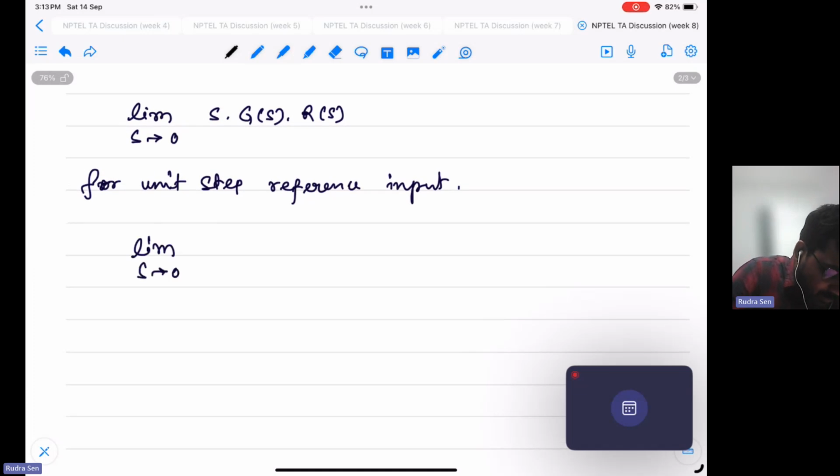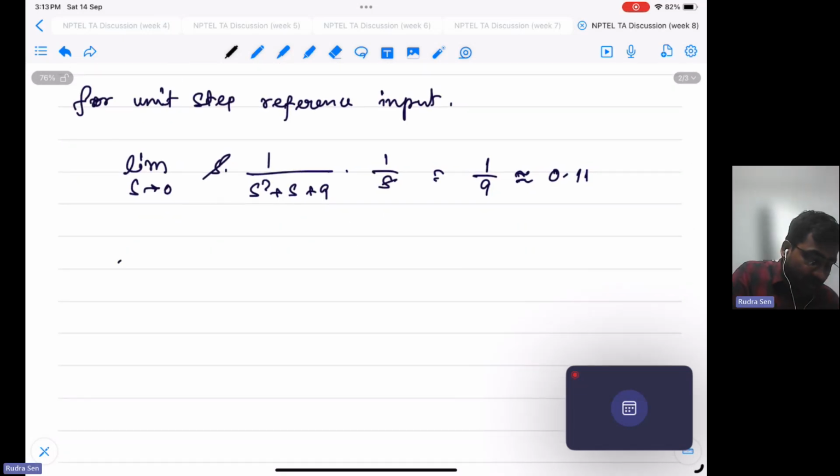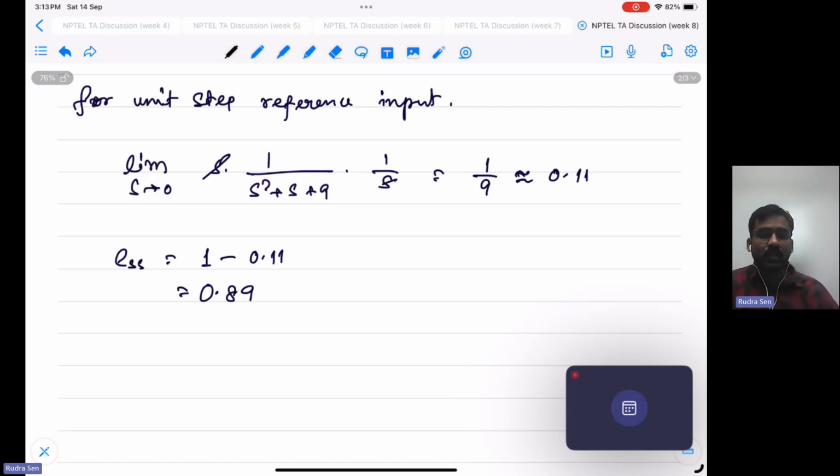The limit as s tends to 0 of s times 1 by s square plus s plus 9 times 1 by s. So it is 1 by 9, that is almost equal to 0.11. So what is the steady state error? For a unit step it's 1 and this is 0.11. So this is my steady state error.